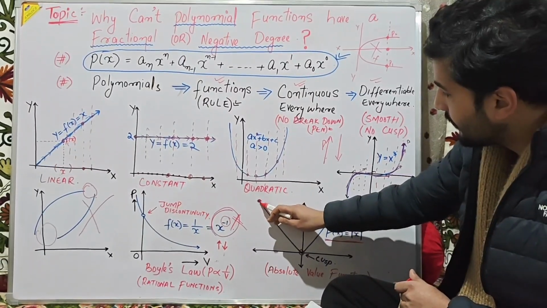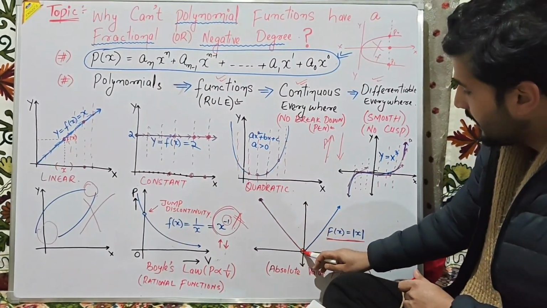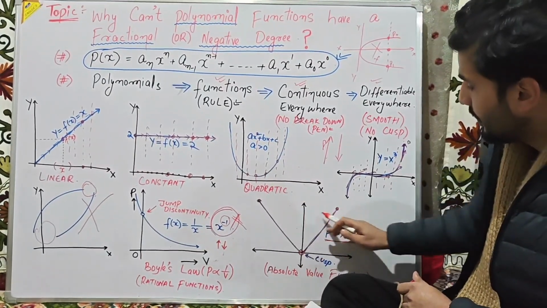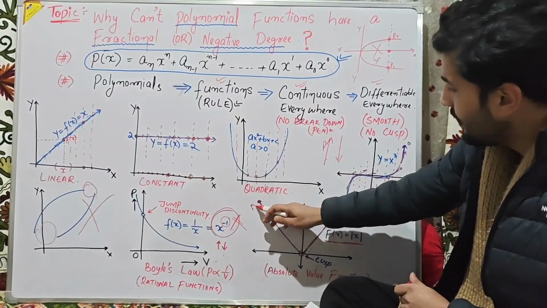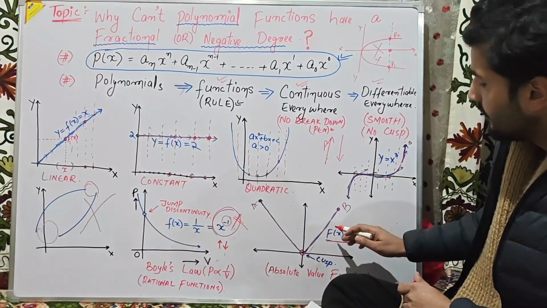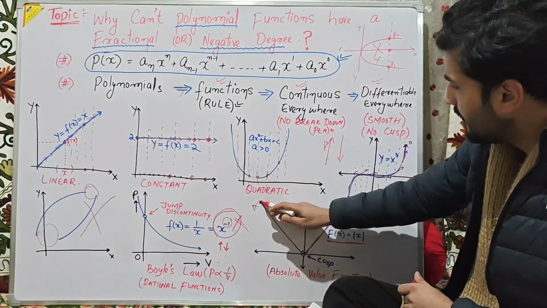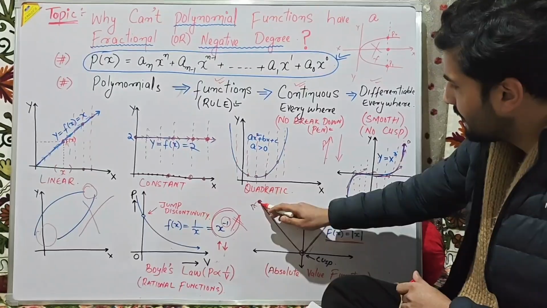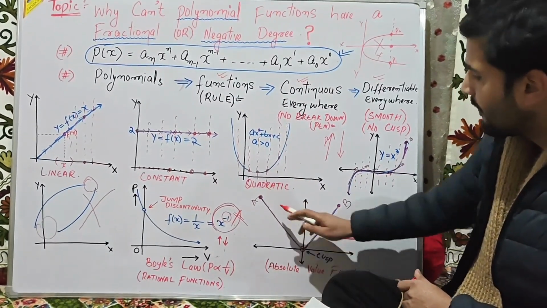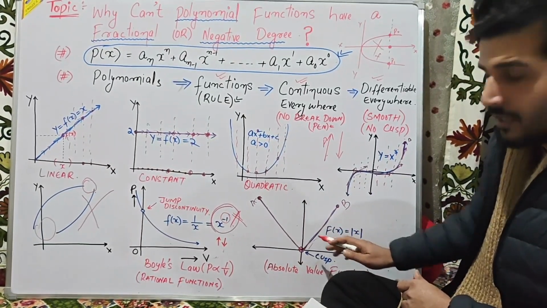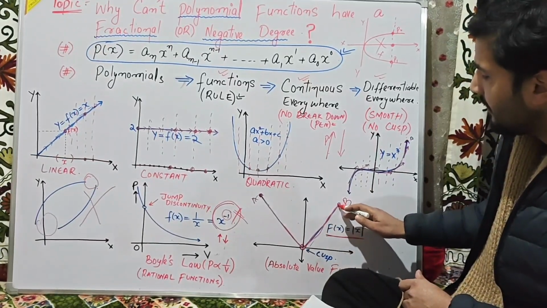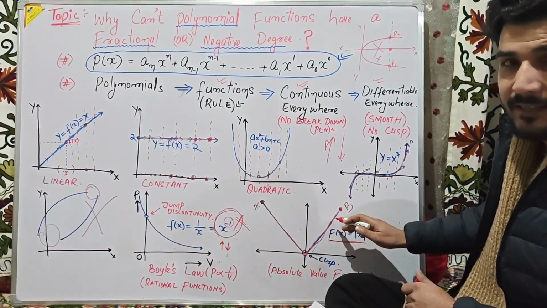Let us suppose we start from this point and go on, and we reach here, from point A to point B. Have we noticed that there is no need to lift the pen off the board to complete the graph of this function? No. So graphically, the absolute value function is continuous.